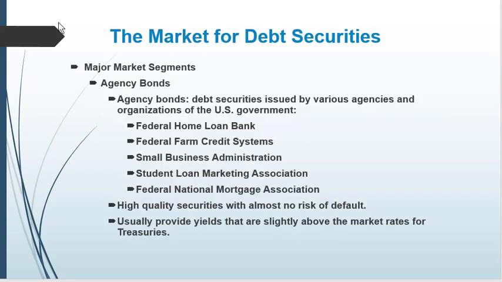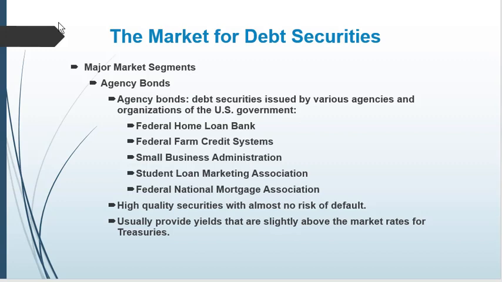Attached to the federal government, although not necessarily part of the federal government, are things referred to as agency debt, right? These are issued by certain agencies that are allowed to provide debt and create debt. Most of these you're probably familiar with.